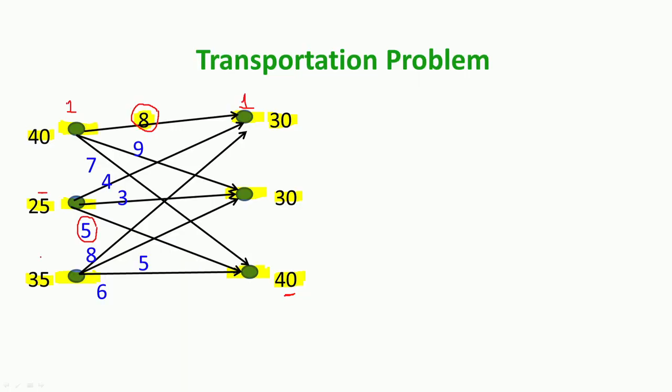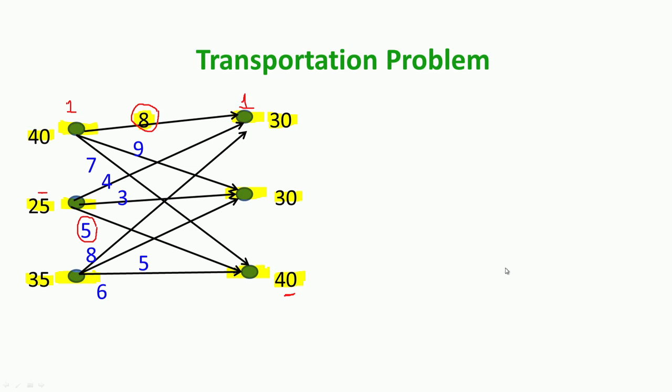We could have another transportation problem with 5 supply points and 8 demand points, or 8 supply points and 6 demand points, and so on. Now, the problem is how do I transport this 40, 25, 35 to meet the demand of 30, 30 and 40 such that the total cost of transportation is minimized. This is called the transportation problem.